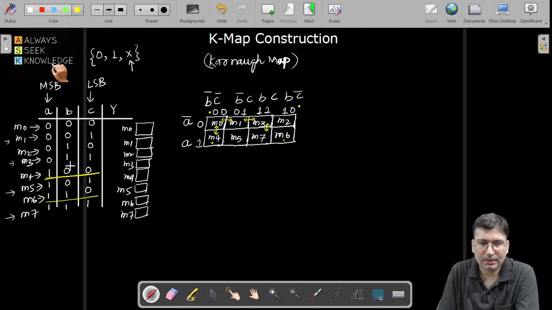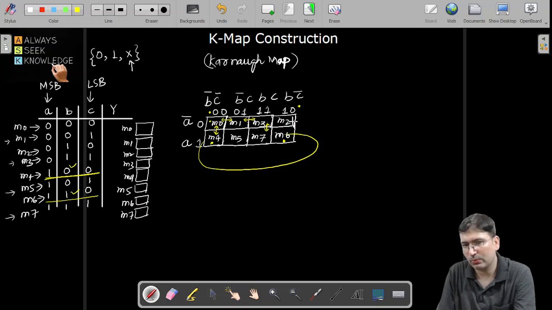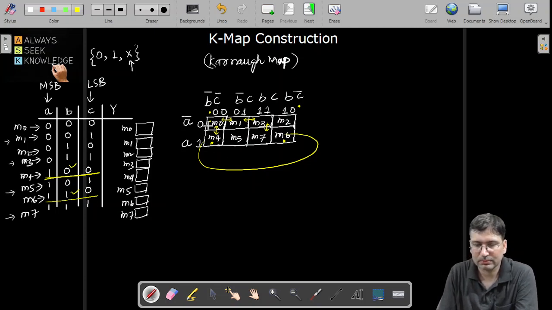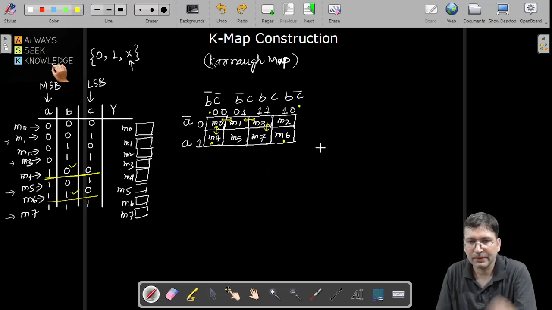If you compare, only this bit is changing. So this and this we also consider as adjacent. So in case we need to make pairs, we can form the pairs of M0 and M2 and M4 and M6 and so on, right? So I hope you are understanding it.